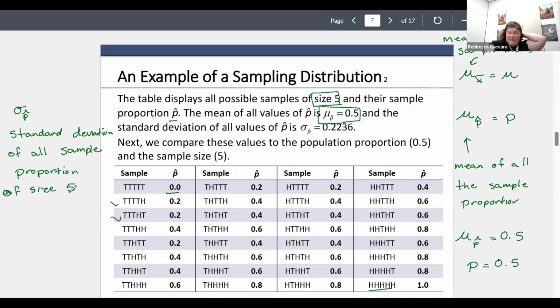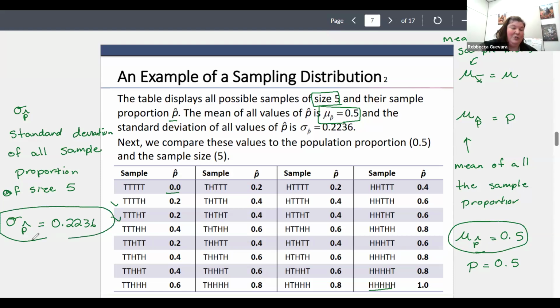When we talked about standard deviations, we were always talking about how important it was to mention the sample size, and we're going to see that again as well. The sample size is going to have an impact on that standard deviation. But if I took all my p hats here and found my standard deviation, that standard deviation would be 0.2236. Basically, I put all these p hats in a list and do my 1-var stats. I would expect to see this for a mean and this for a standard deviation.